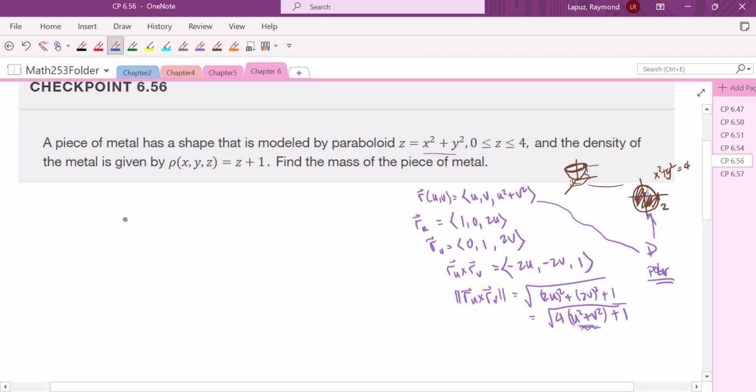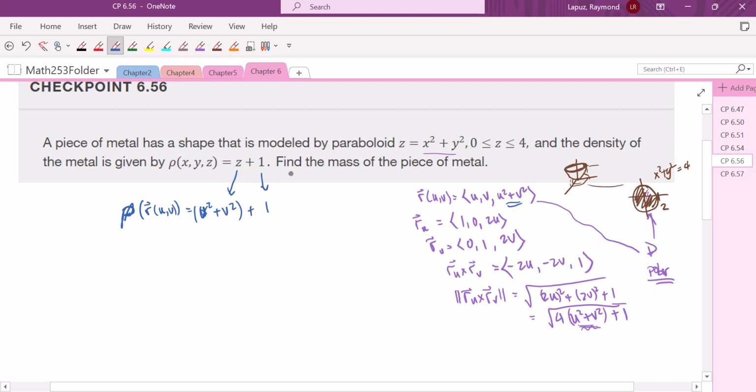Okay, now let's work on the mass. The mass here is rho. We have rho, and we want to put this parameterization in there, R of UV. And it looks like there's only a Z component, so this is U squared plus V squared, that's the Z, and then plus 1.